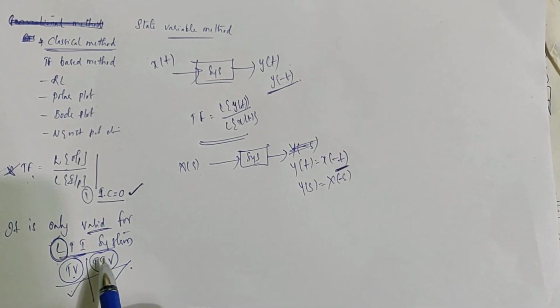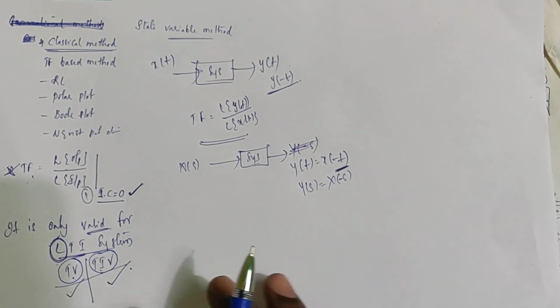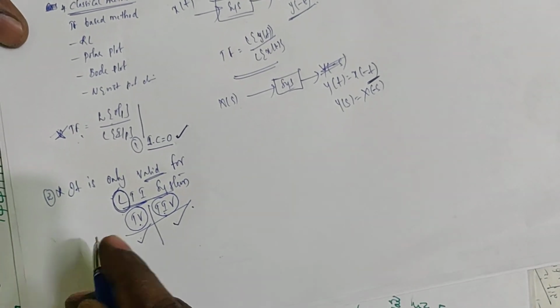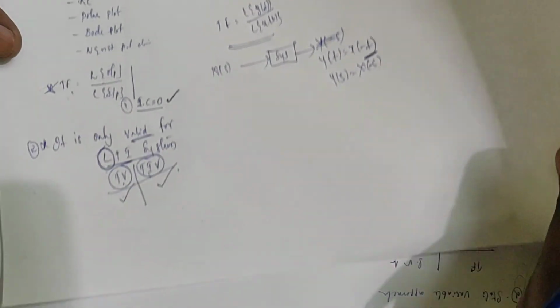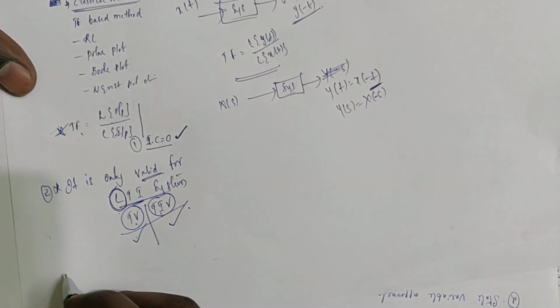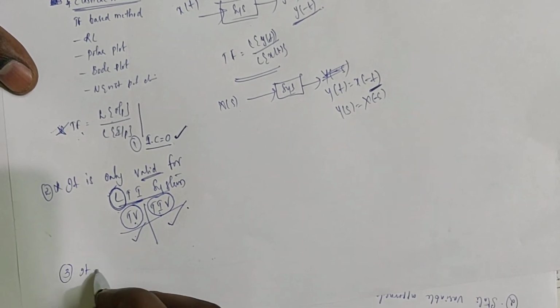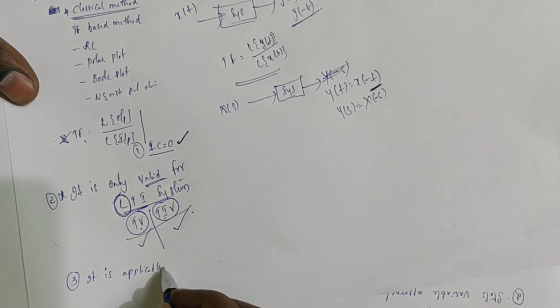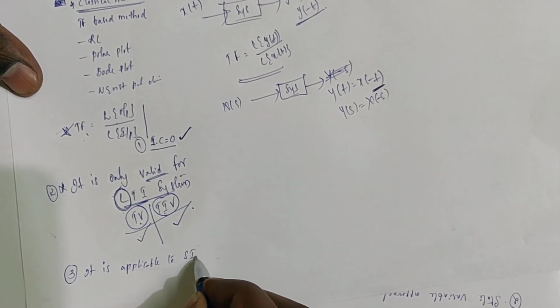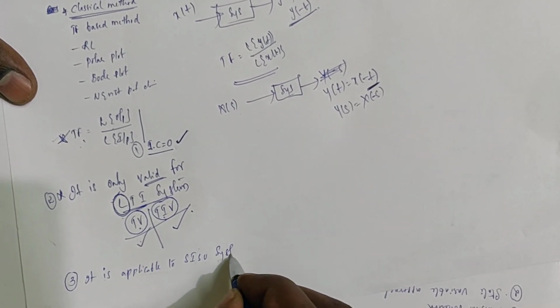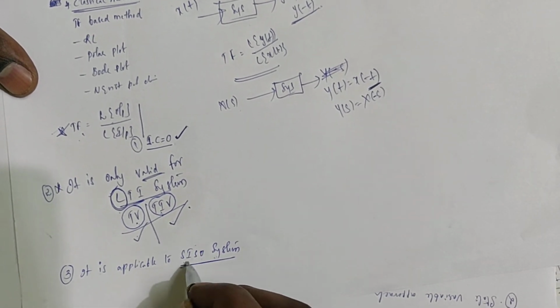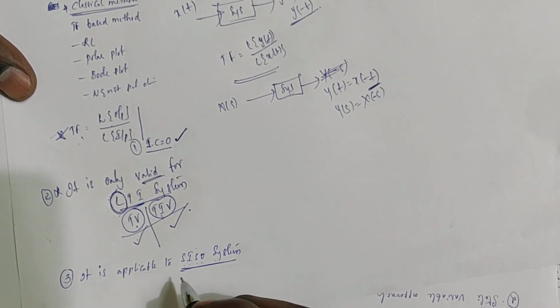Coming to the third limitation, it is applicable to SISO systems. Do you know what SISO is? Single input, single output systems.